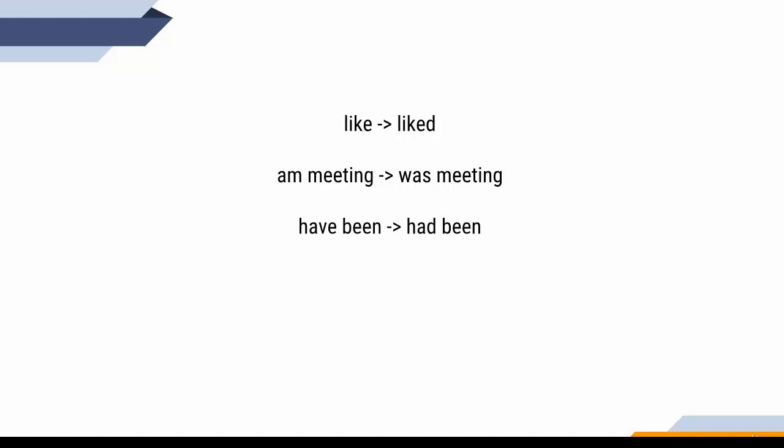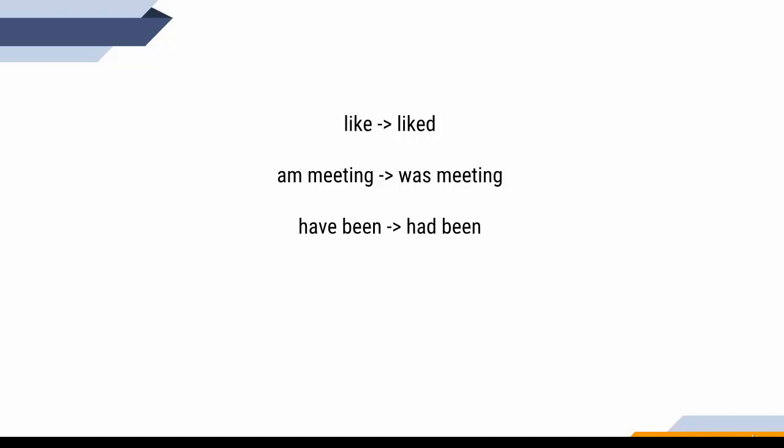Okay, tenses and words. This is what is changed. So first, we are going to talk about the tenses change. Here are the examples that we have. Like, liked. I am meeting, I was meeting. Think about the tenses.